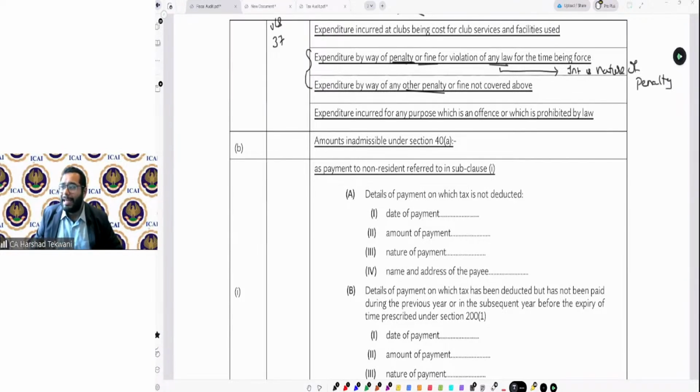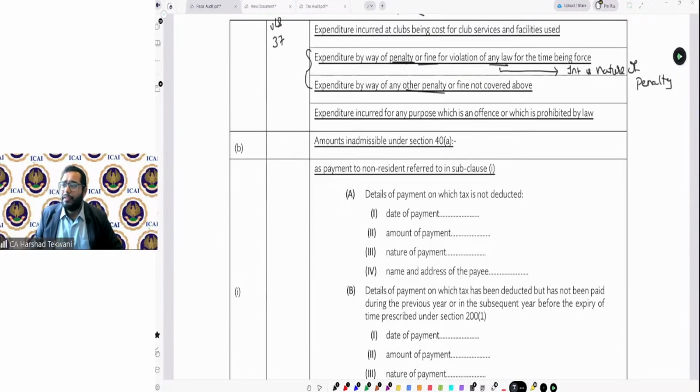40A1 talks about any interest, royalty, fees for technical service, or any other sum chargeable under this Act, which is payable outside India or in India to a non-resident, not being a company or foreign company, on which tax is deductible at source, and such tax has not been deducted or has been deducted but not paid before the due date specified under section 139(1).